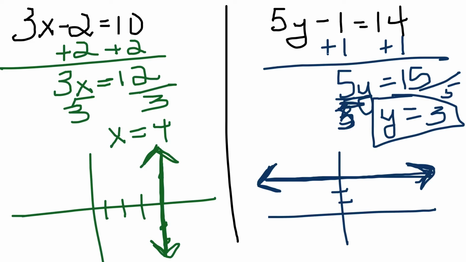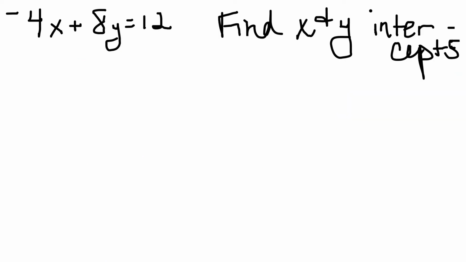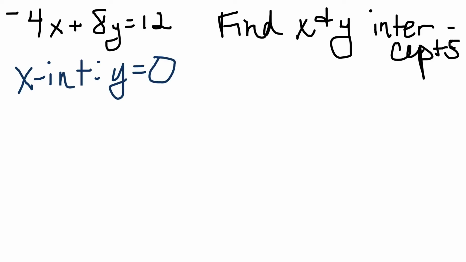All right, more examples. In this one, I want to find the x and the y-intercept. For the x-intercept, I have to understand that the y value is 0. That is logical. In order for it to intercept the x-axis, the y value has to be 0.